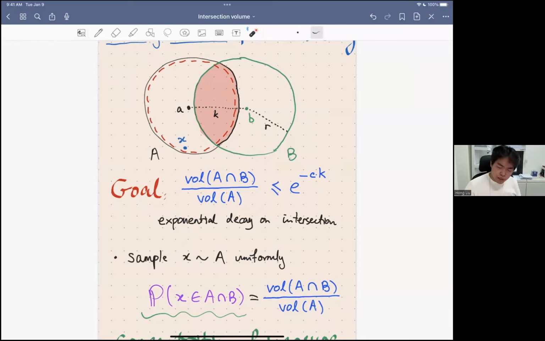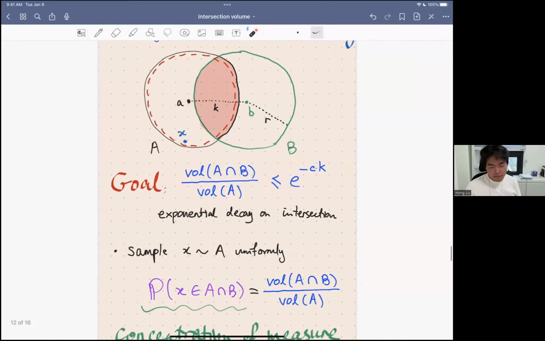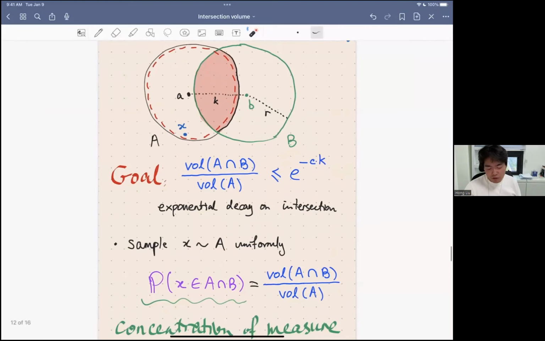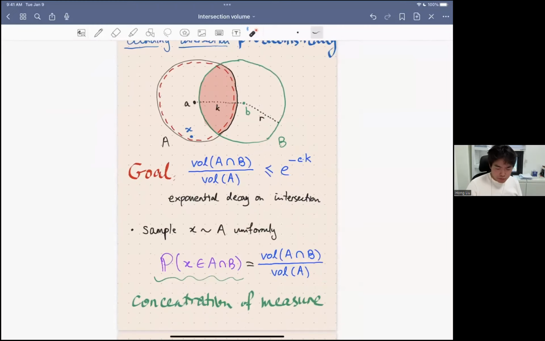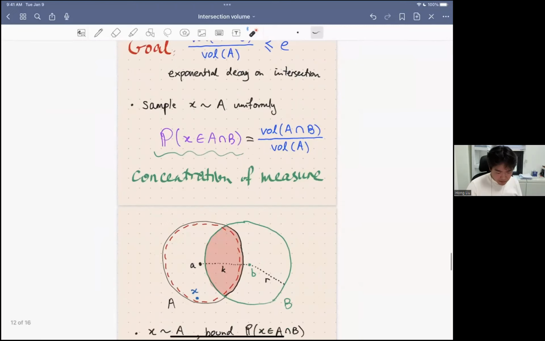So to prove such an exponential decay in terms of the distance between the centers boils down to proving, when we sample X uniformly at random, an upper bound on the probability that X lies in the intersection. And we're going to do it using some sort of concentration of measure. Okay, so let's try to do it.